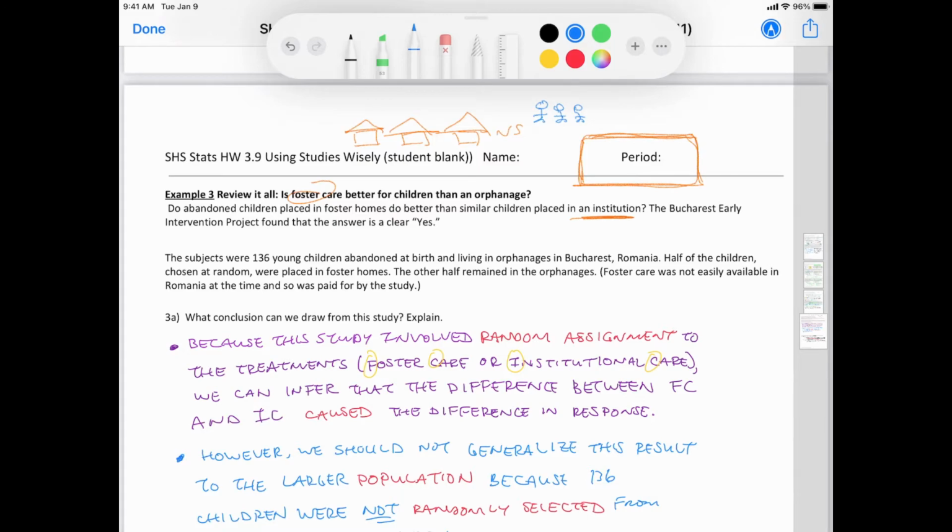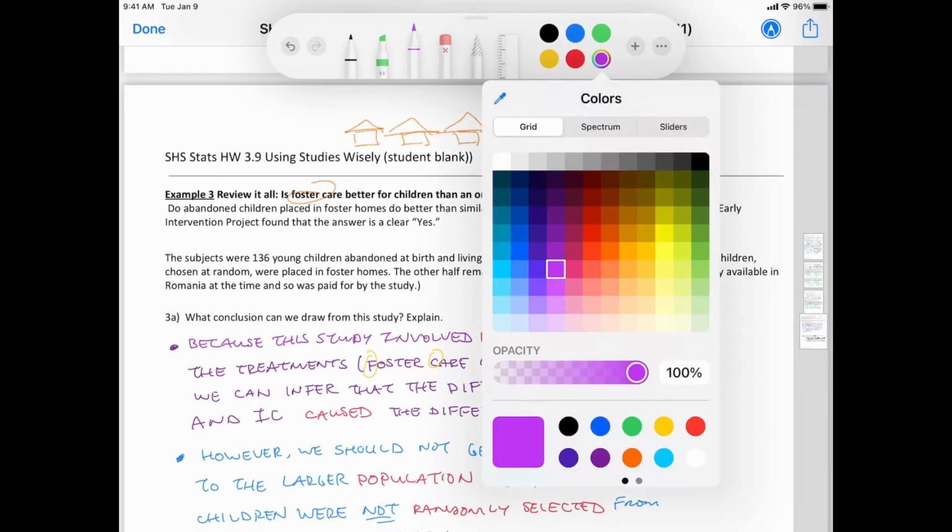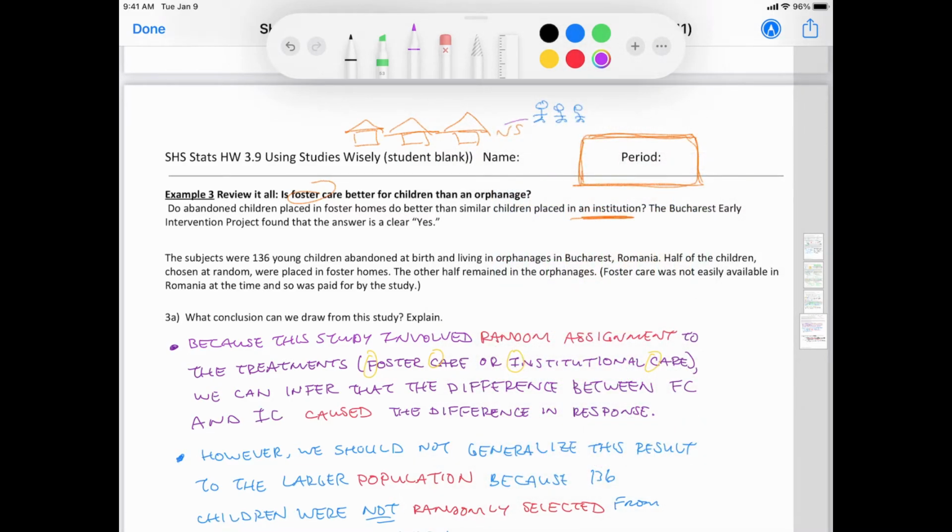Well, we randomly put them into either the foster care, FC, or the institutional care, IC. So we did that. That's called random assignment.